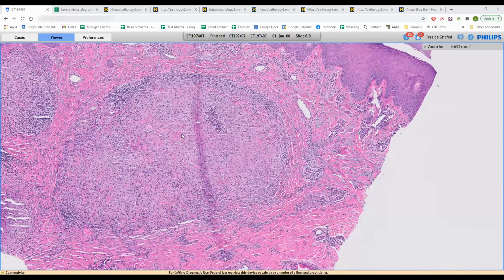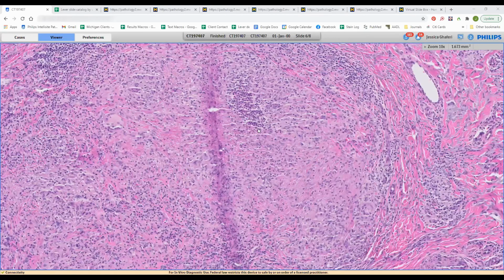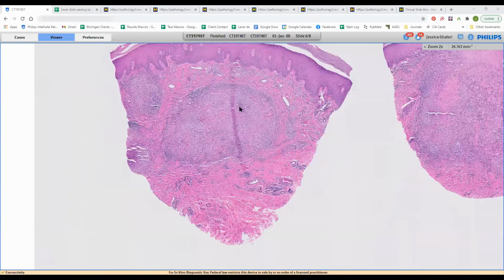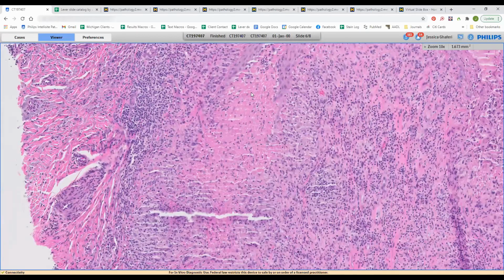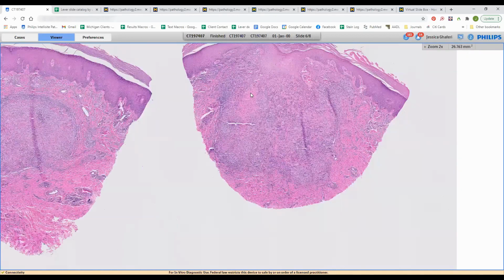And in this case, we can see that there are some areas of neutrophilic inflammation centrally. And then here we have some necrosis. So this is an example of a caseating or necrobiotic granuloma with some surrounding lymphocytic inflammation.